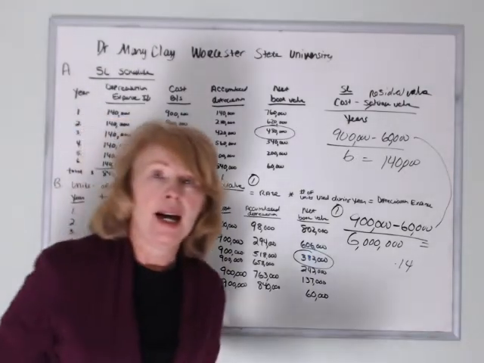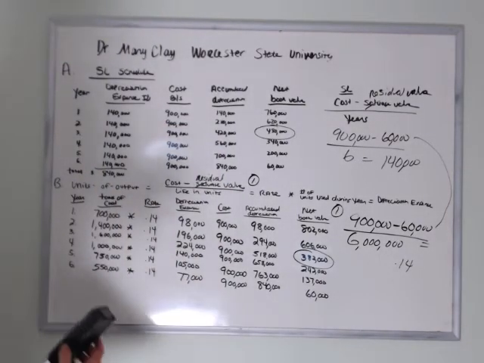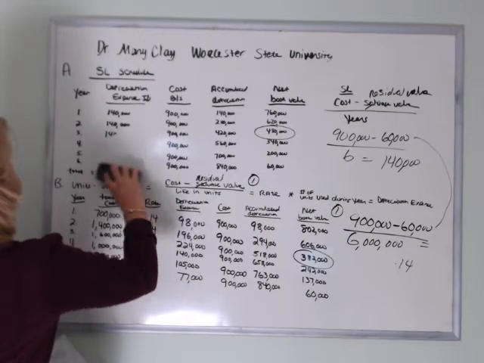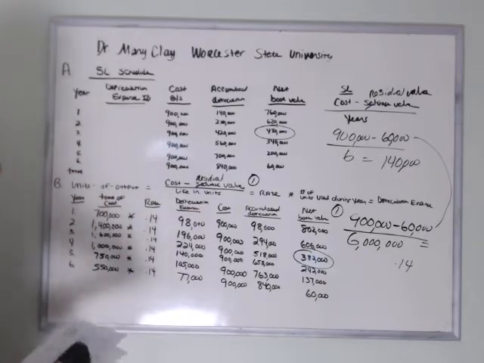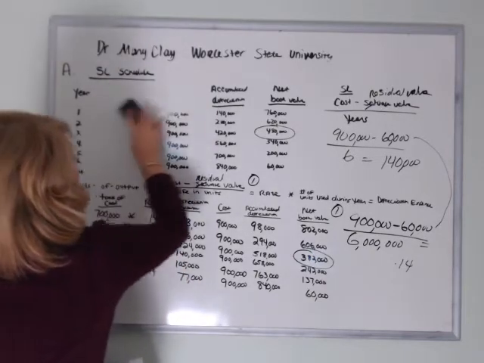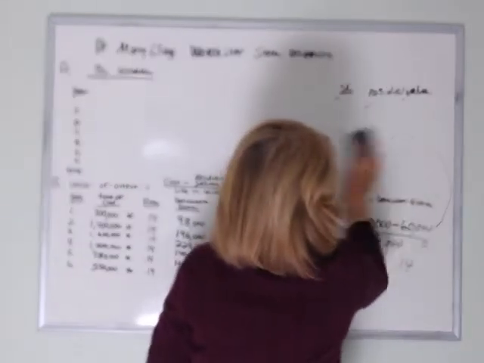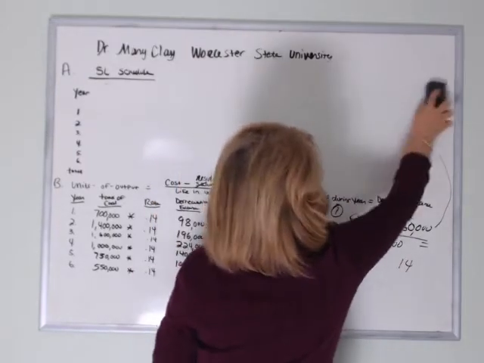Okay, I am going to erase now. Here's why. I'm going to show you the more difficult one, so I'm going to erase this. I couldn't fit it all on this board.